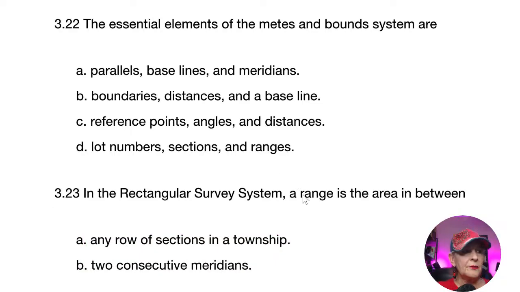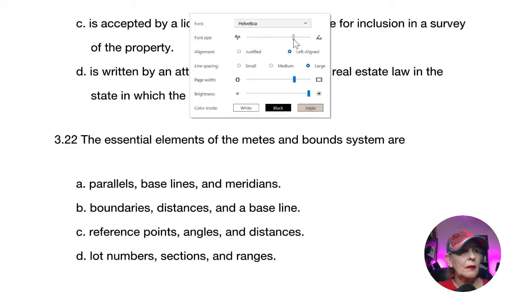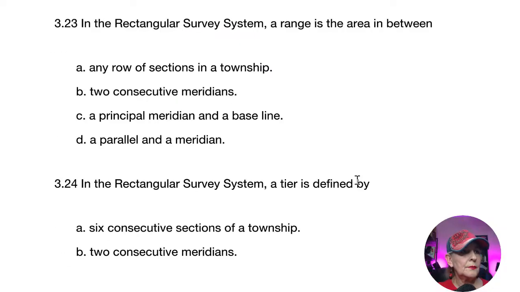Number 23. In the rectangular survey system, a range is the area in between what? A, any rows of sections. B, two consecutive meridians.